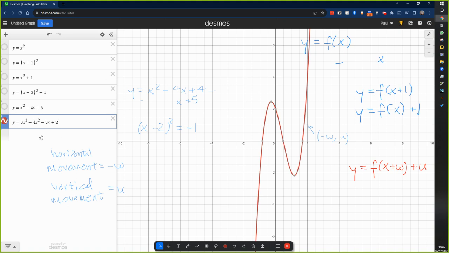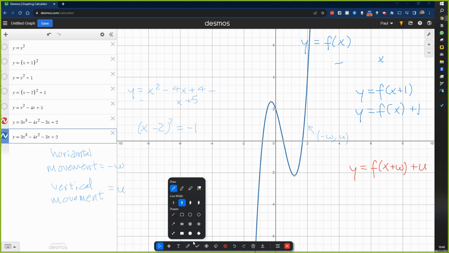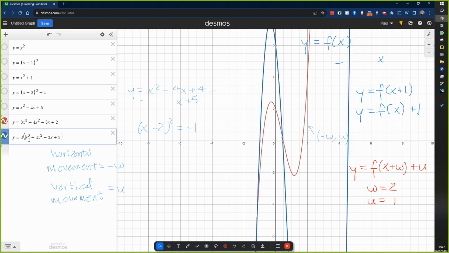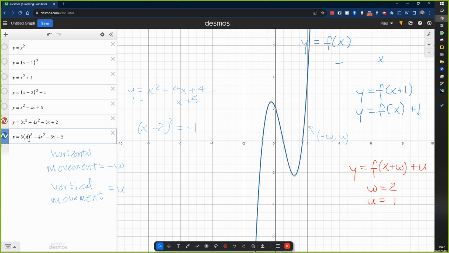This is getting a bit complicated, but I'll just copy all that. Now I'm going to put W is equal to 2 and U is equal to 1. Remember, the horizontal movement is negative 2, so this should shift it 2 spaces to the left. Each time x has been written, I'm going to add 2.